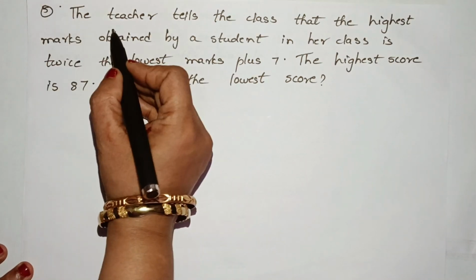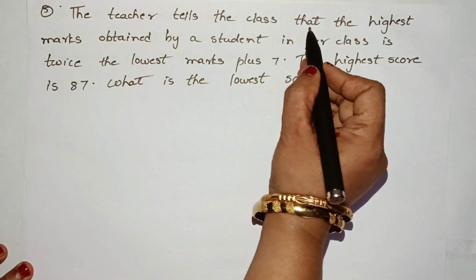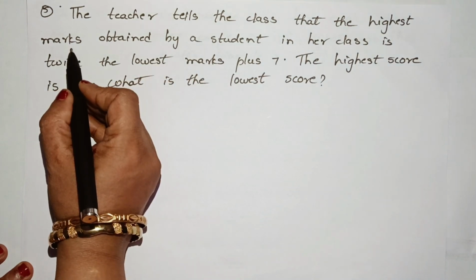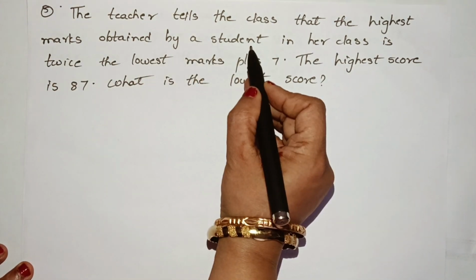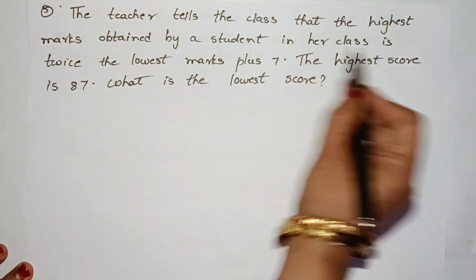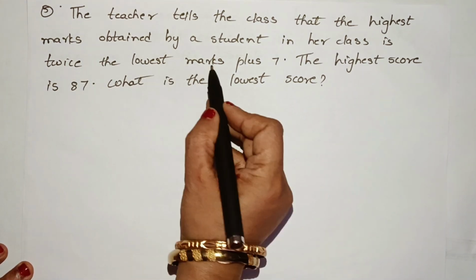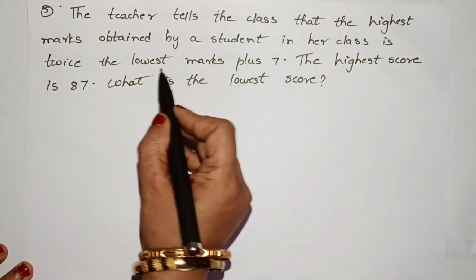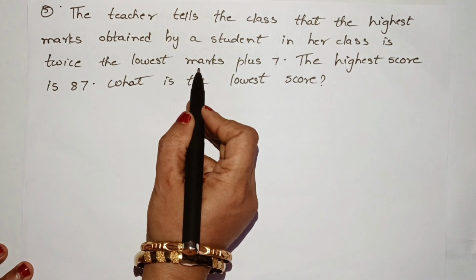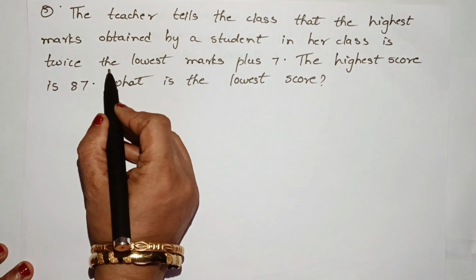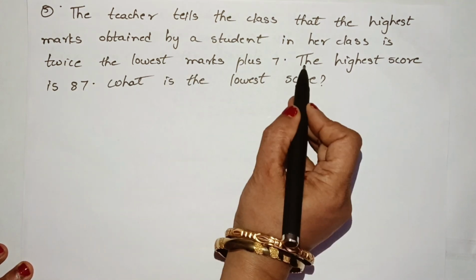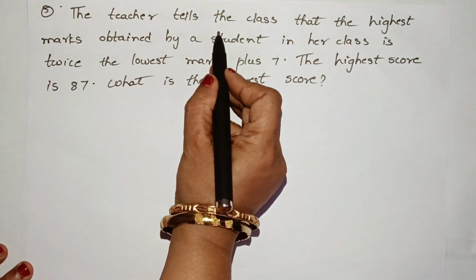Question 5. The teacher tells the class that the highest marks obtained by a student in her class is twice, means two times, the lowest marks plus 7. Now here we don't know the lowest marks, correct? So what will you write? Let the lowest marks be x. And what is given in the question?